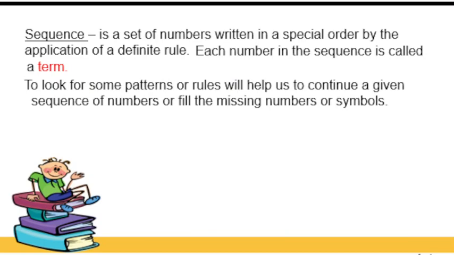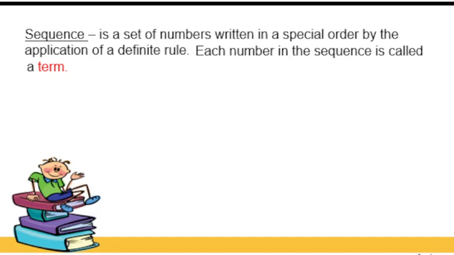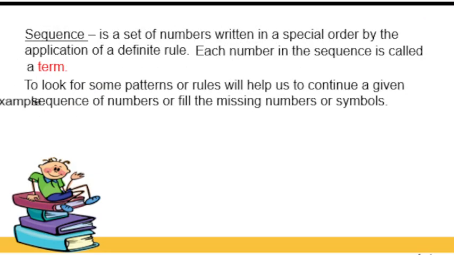So to go further in our lesson, look for patterns or rules that will help you continue a given sequence of numbers or fill in the missing numbers or symbols. So again, let's say we have the sequence of 3, 6, 9, 12. And we're looking for the next 3 terms.